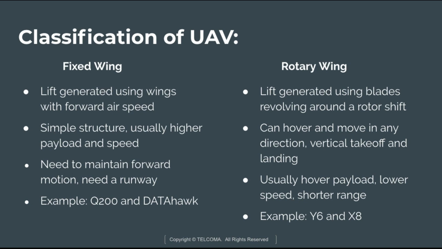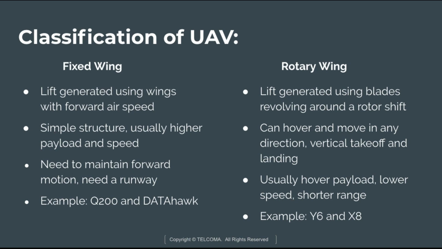Fixed wing has a simple structure, usually a higher payload and a higher speed. Rotary wing can hover and move in any direction, and it can take vertical takeoff and landing. Whereas fixed wings need to maintain forward motion, and they need a runway.